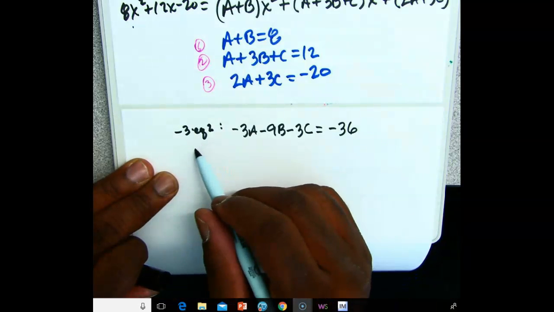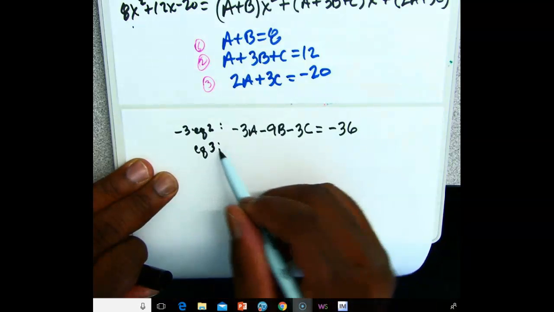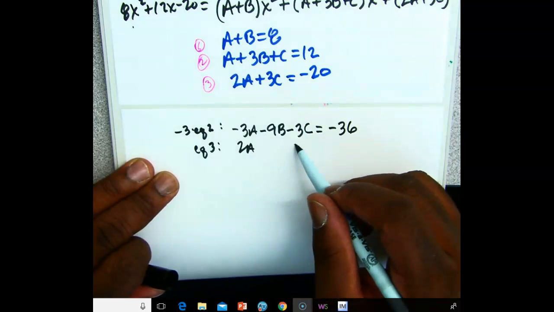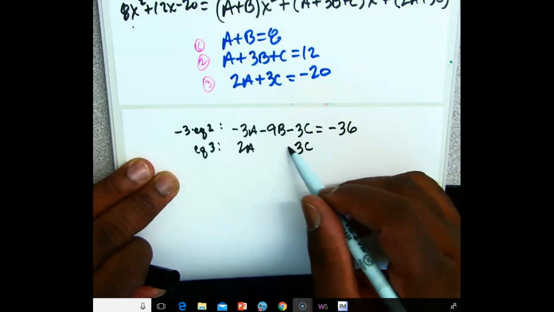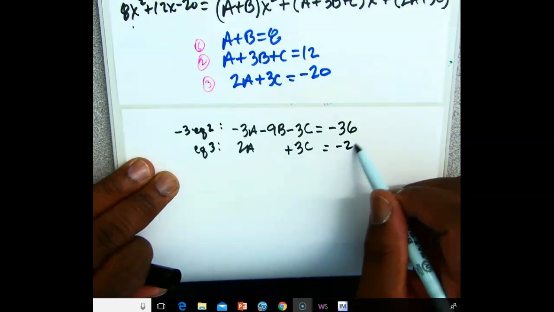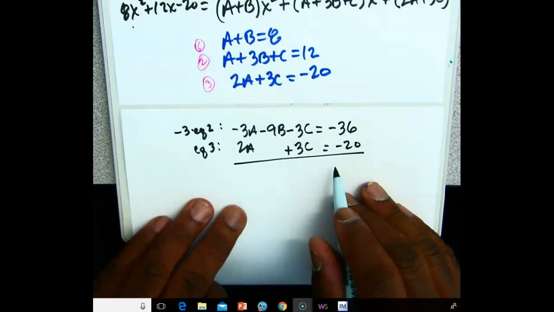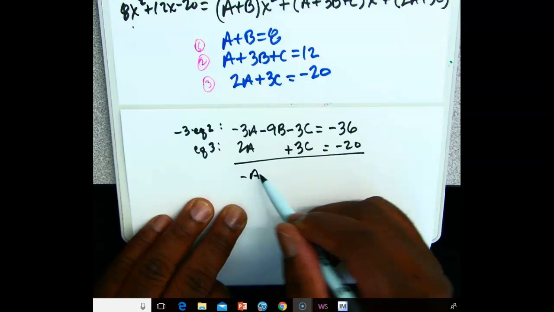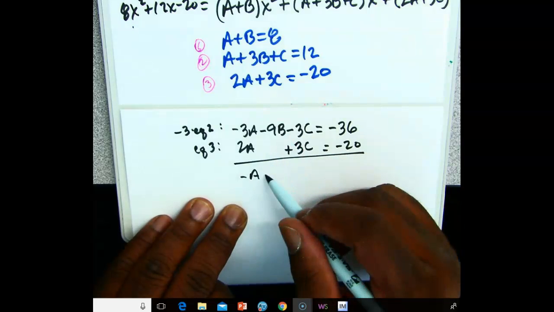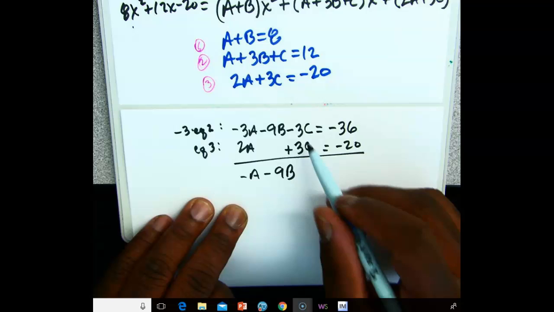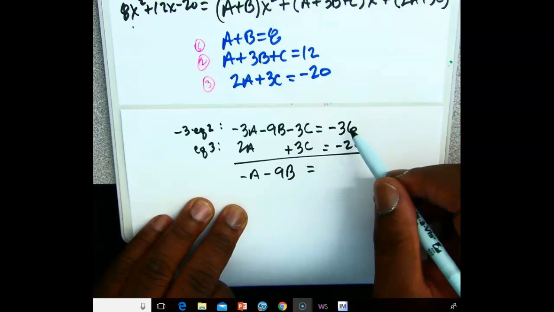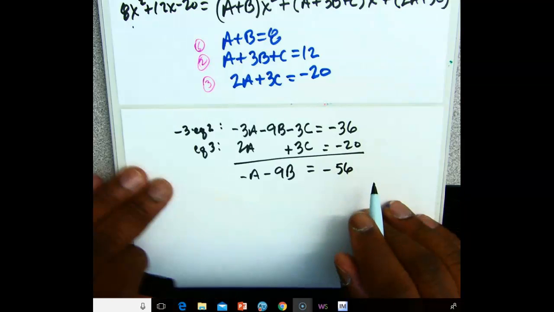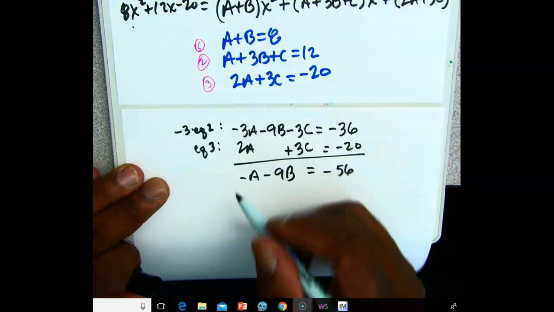And then we're going to add that to equation 3, which is 2a plus 3c, and that's equal to negative 20. Combine those. Negative 3a plus 2a is negative a. Negative 9b plus 0 is minus 9b. 3c's are 0. And then negative 36 minus 20 is negative 56. So this is our equation 4.